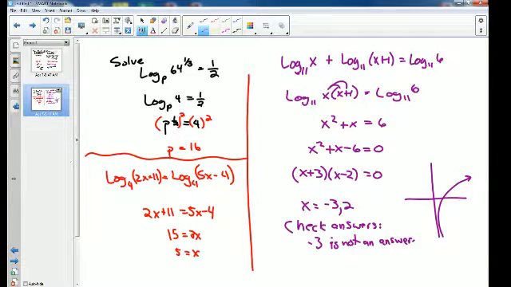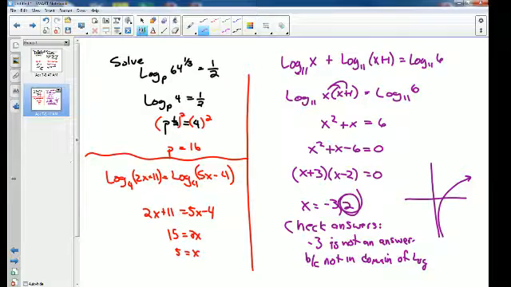Any negative is never an answer because it's not in the domain of log. So you have to think a little bit sometimes, but negative logarithms, no bueno. Unless we've shifted the graph to the left, but we haven't. Just be cognizant of that, okay? So the only answer that works is those.